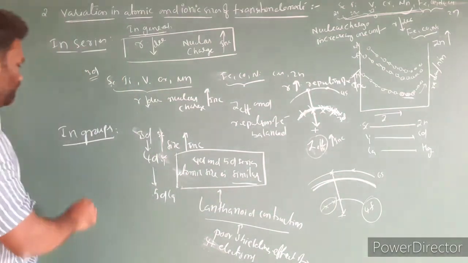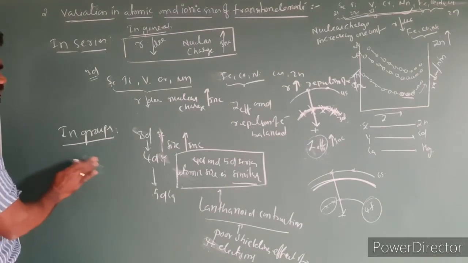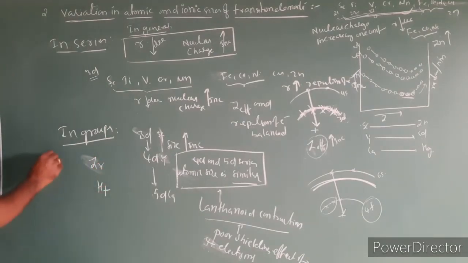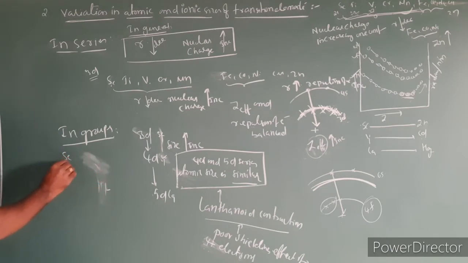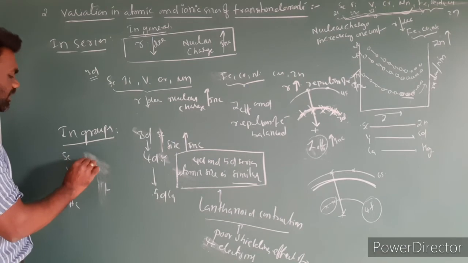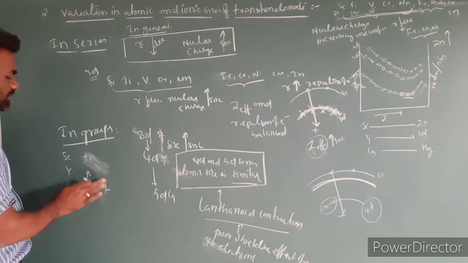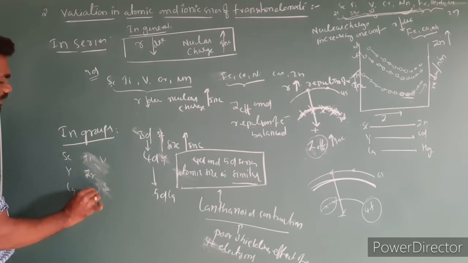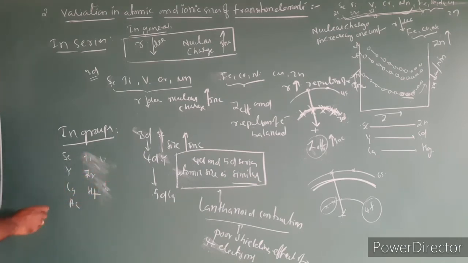Example, you can take zirconium and hafnium. First I am taking scandium, yttrium, lanthanum and actinium. Next after scandium we have titanium, vanadium. Scandium, yttrium, lanthanum, actinium, titanium, zirconium and hafnium.